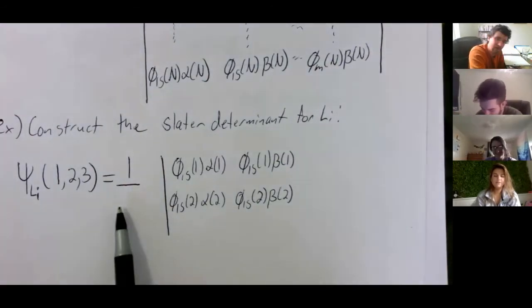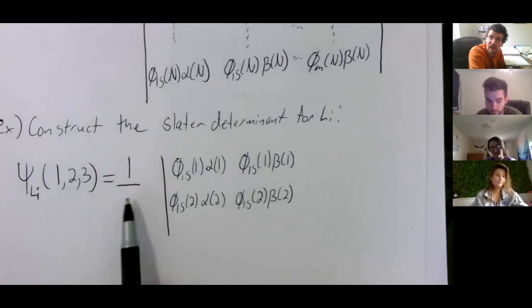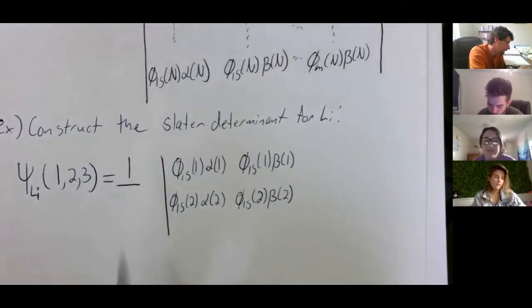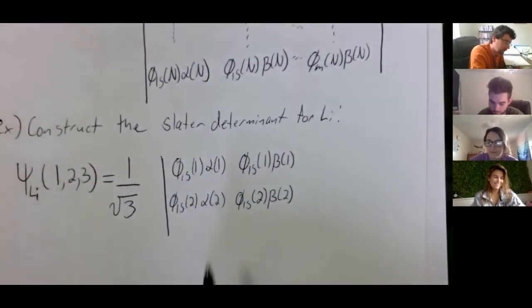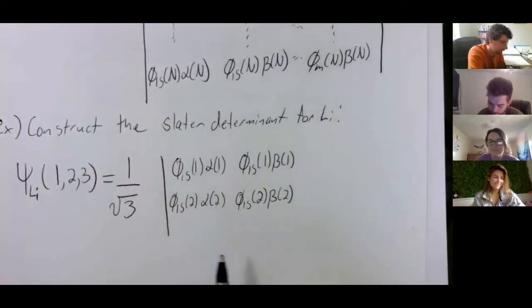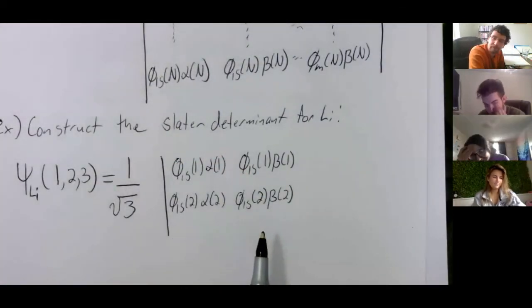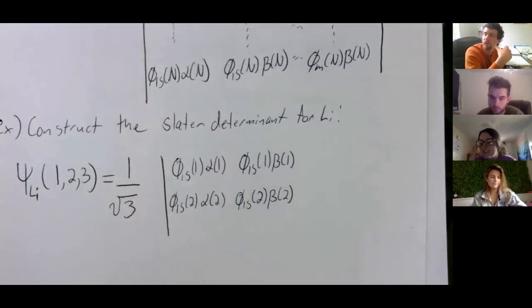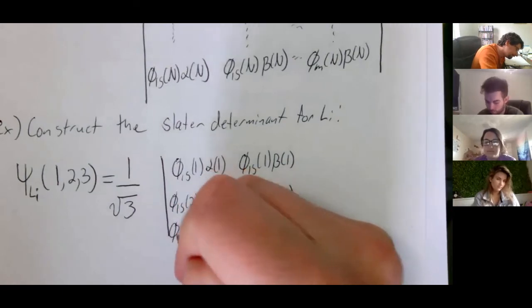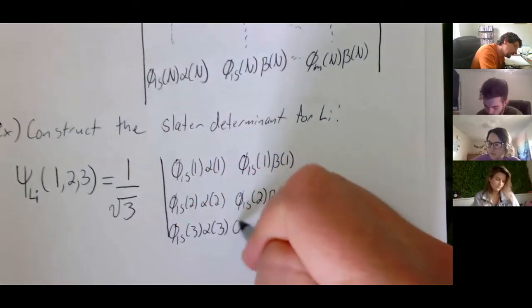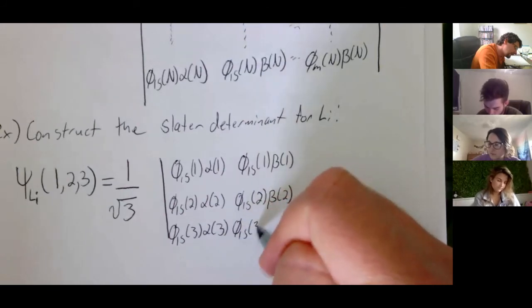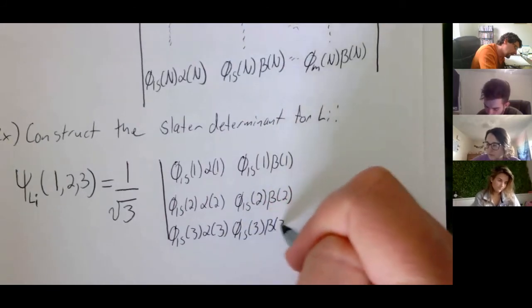We're missing a normalization factor out here. What do we need? 1 over the square root of 3. What else do we need? We can do the same thing for 3. Phi 1s, 3, alpha 3, 1s, 3, beta 3.